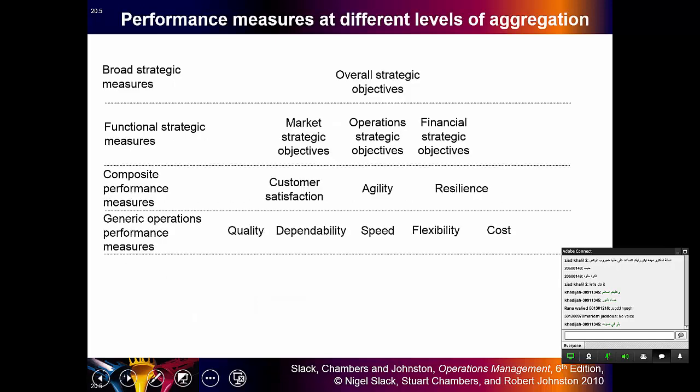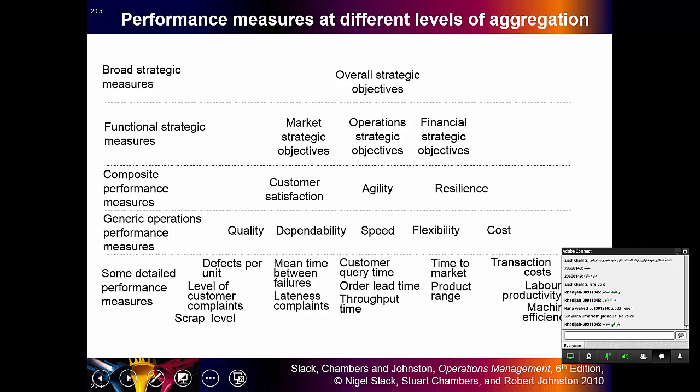Okay, here we have 4 levels of objectives. The first level is the board strategic measures, or board strategic level. And in the board strategic level, we have some objectives for overall aspects or issues of the organization.